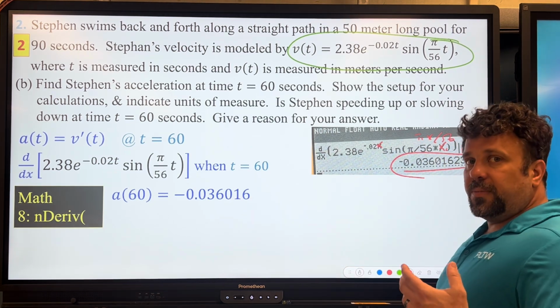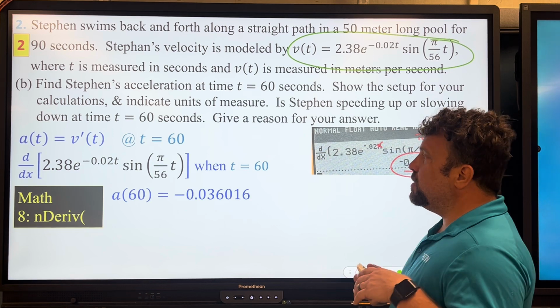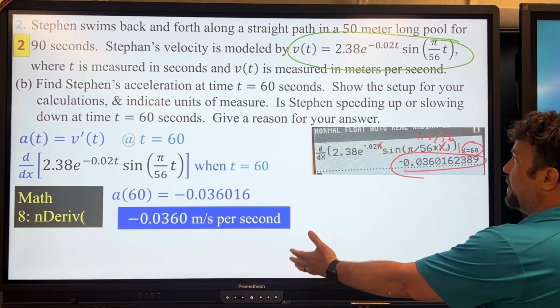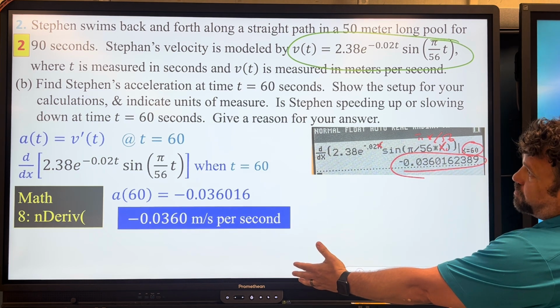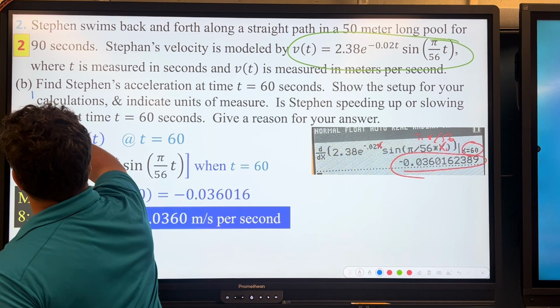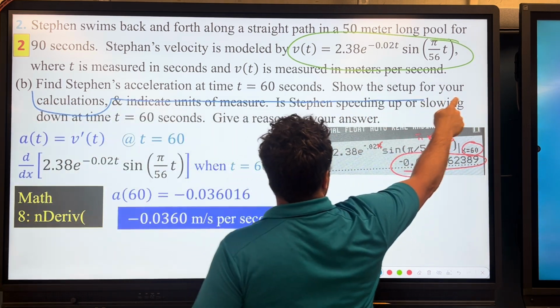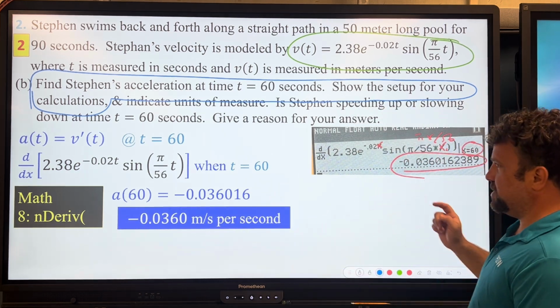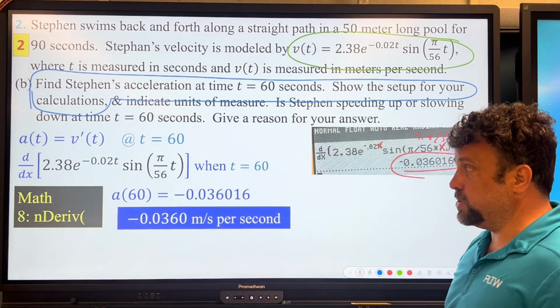So in order to find out if he's speeding up or slowing down, you have to see what his velocity is as well, okay? So we have his acceleration, okay? That's step 1. So step 1 was find the acceleration and show the setup for your calculations. This is our setup. This is us showing the answer. Obviously, you can't post a picture of your thing.